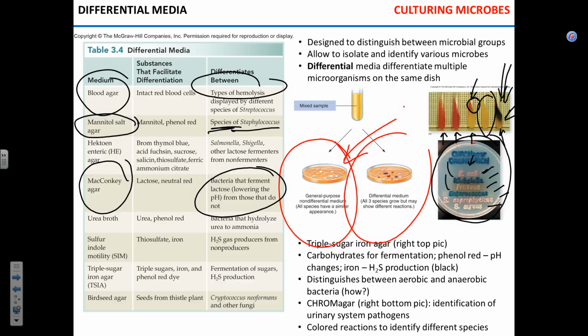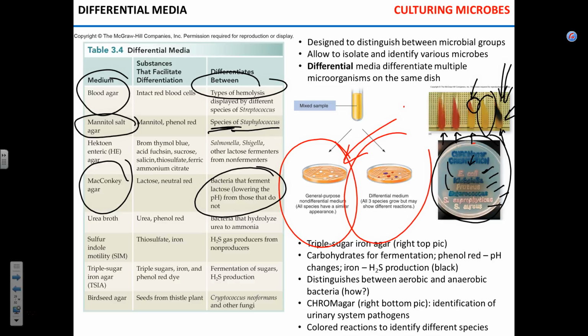This species probably comes from some other place. It's not supposed to be there. Does that make sense? The guys that can break down lactose are usually components of the normal microbiome. The guys that cannot are usually pathogenic. And we're going to do that lab as well.